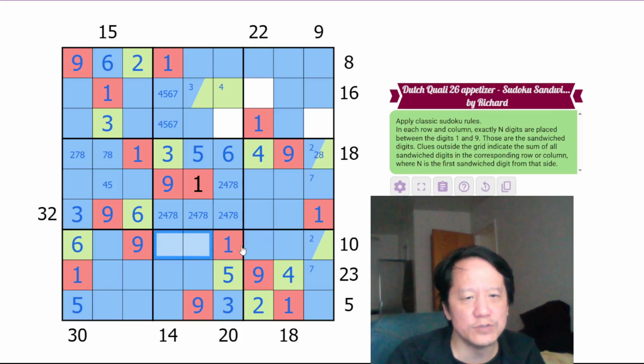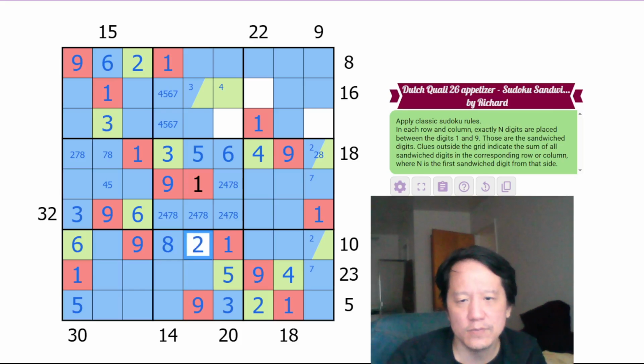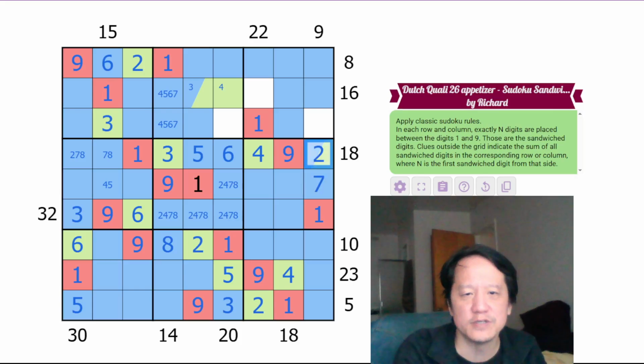And this must be 2 and 8 to add up to 10, because we have 2 as the end sum here. So this cannot be 2 as an end sum, and we also can't have a crust here. So that's doubly removed. Therefore, this must be 2 here, and this must be 7.